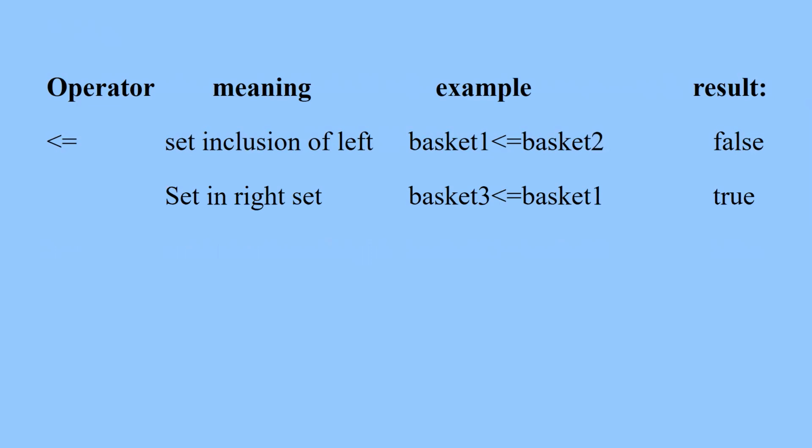For example, this statement reads as: the content of basket 3 is less than or equal to the content of basket 1. I repeat, I'm taking time, my dear students, so that you can also know how we read these statements.